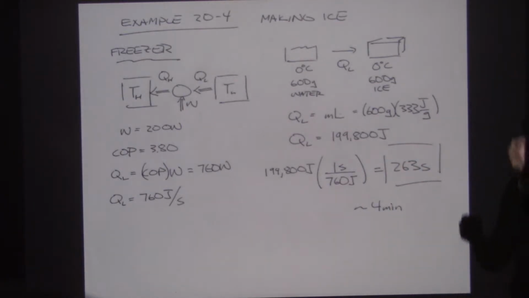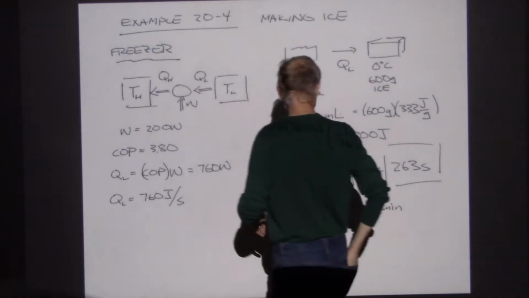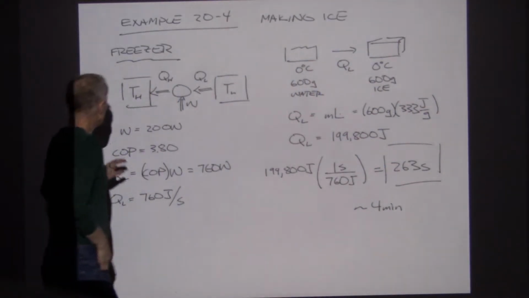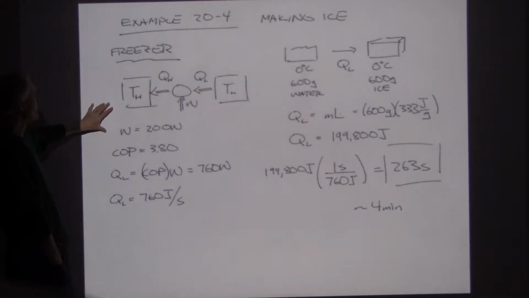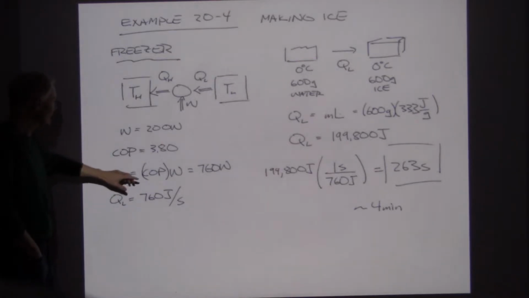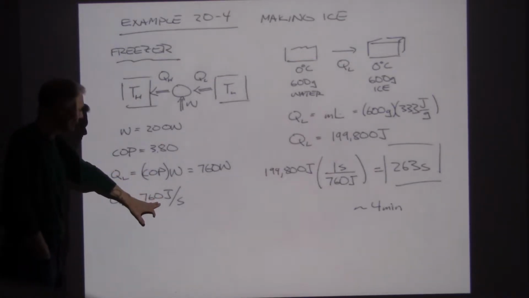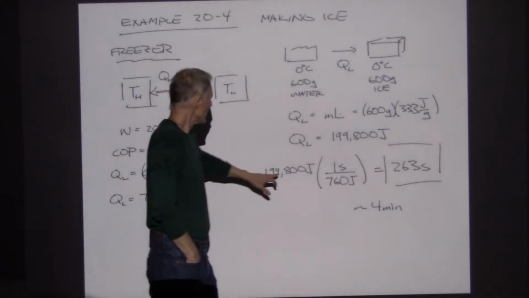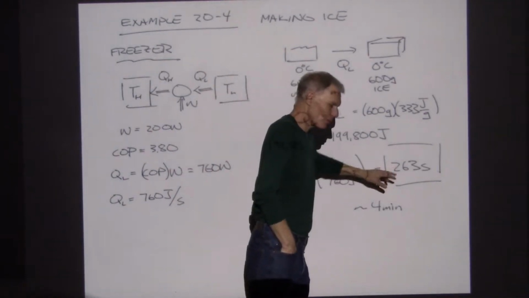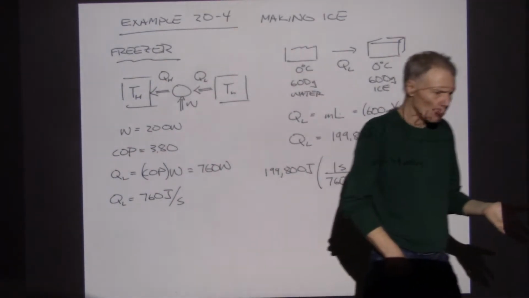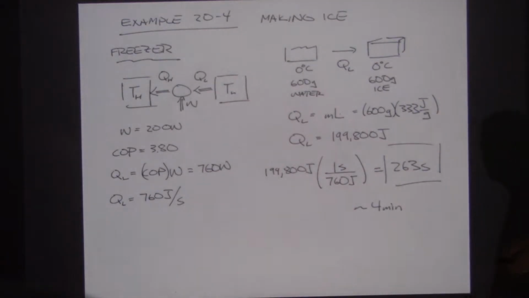So I need to remove about 200,000 joules in order to make this ice. Now the freezer that I've got this in is able to remove 760 joules each second, and so it says to freeze the water and make ice cubes, it should take 260 seconds or about 4 minutes.